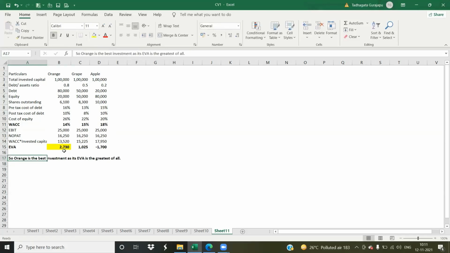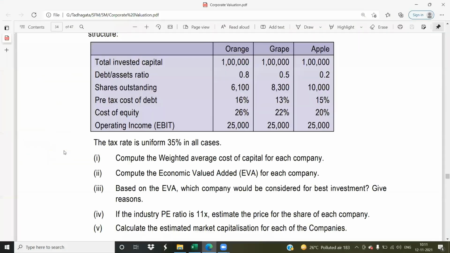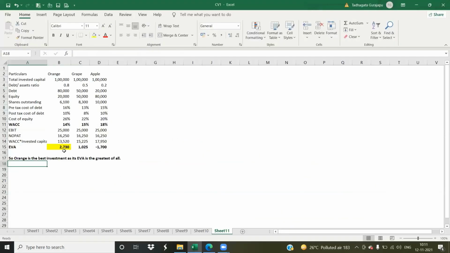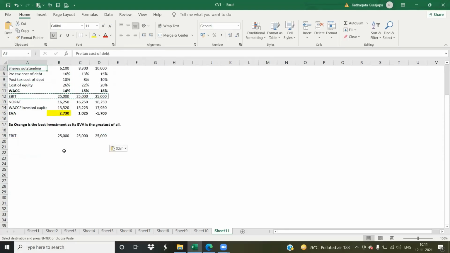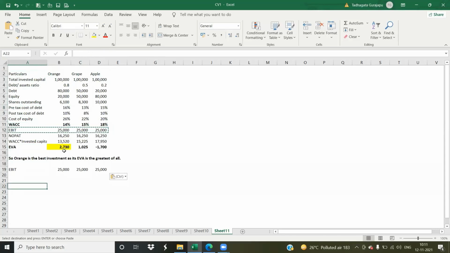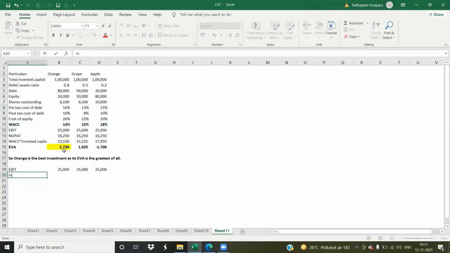Okay. Next, what else do we need to find? We need to find the market price per share. You have EBIT. What is the interest expense? Pre-tax cost of debt into debt amount, right?